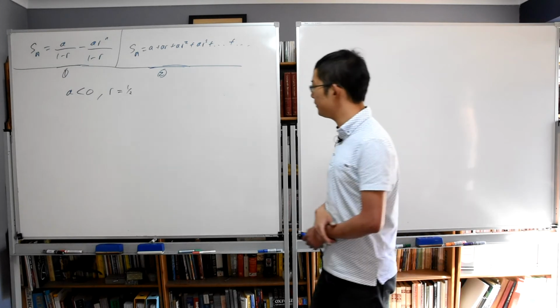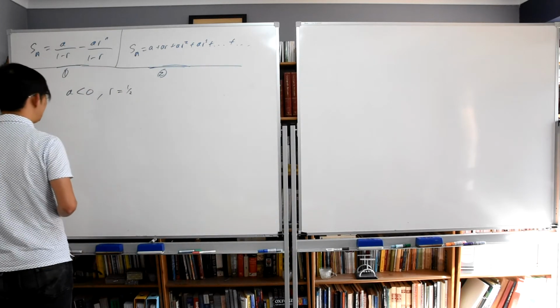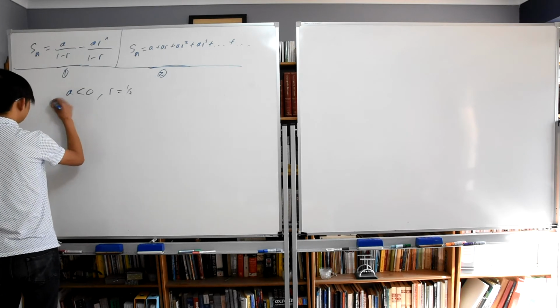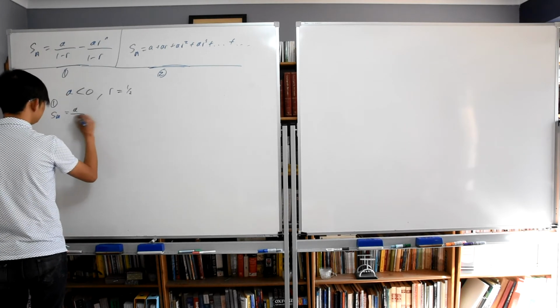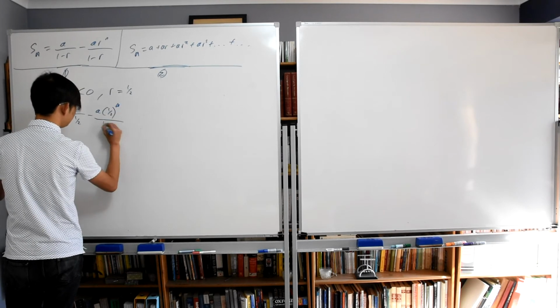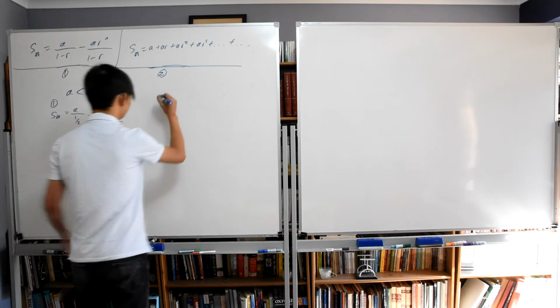Let's consider an infinite series with first term being a negative number and the common ratio being half as well. Let's consider the first equation. And let's stop here. Let's not bother evaluating it, but rather let's look at the full equation.